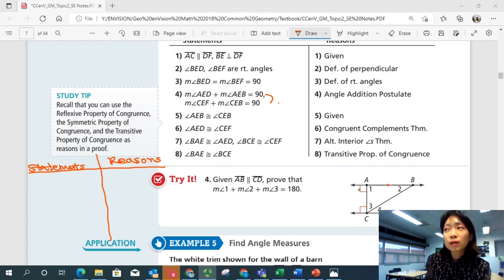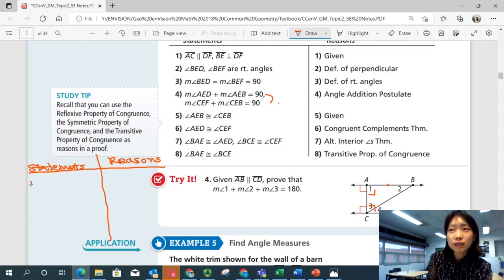First of all, we know that these two are right angles, right? They're perpendicular. And so the other side of that, 3 plus 4, is also 90 degrees. And 1 is a 90 degree angle as well, right? So 1 plus ACD is 180 degrees by the same side interior angles postulate, right?